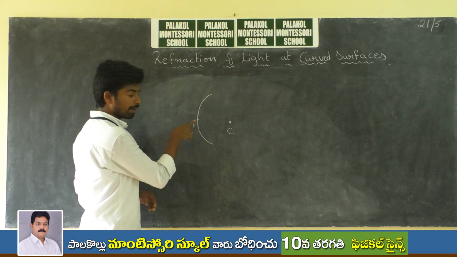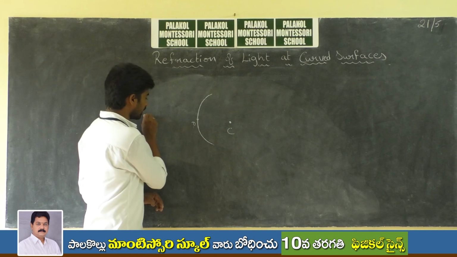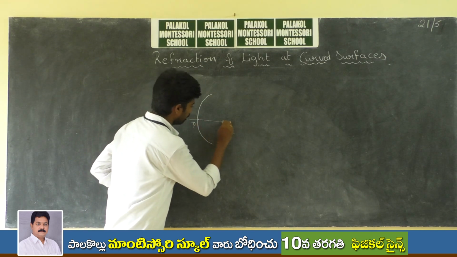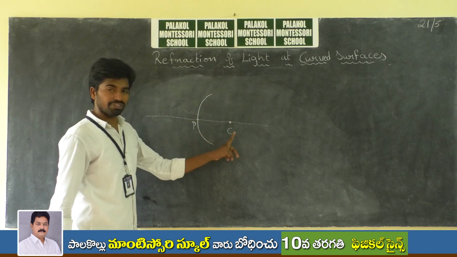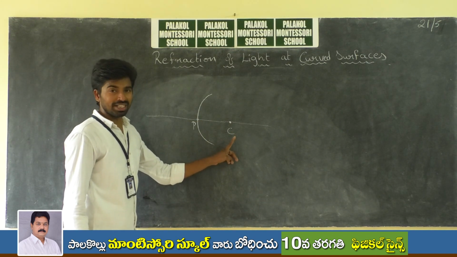The line joining the pole and the center of curvature is called the principal axis.